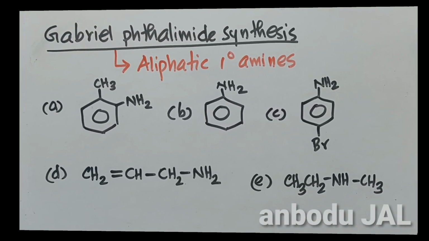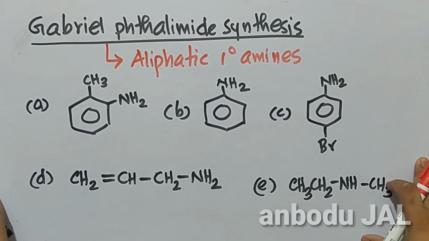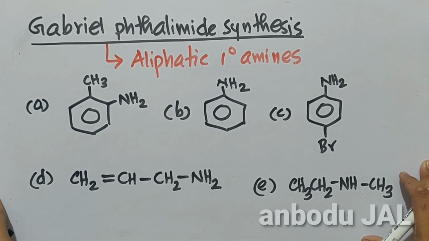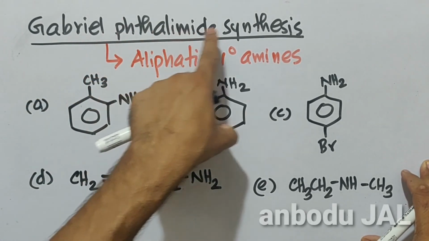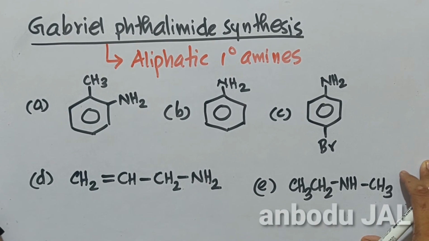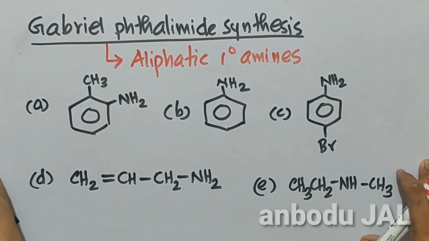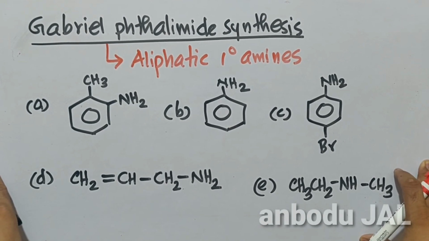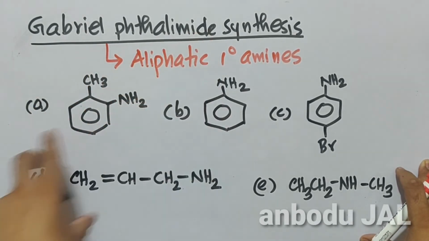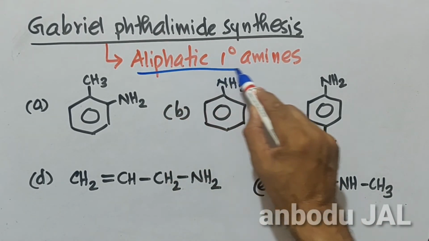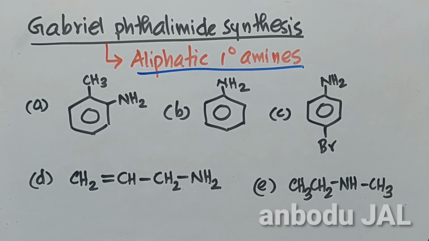Next question. Which of the following compounds is prepared by Gabriel phthalimide synthesis? In the amines chapter, you have learned in detail about Gabriel phthalimide synthesis, and Gabriel phthalimide synthesis is only for aliphatic primary amines.